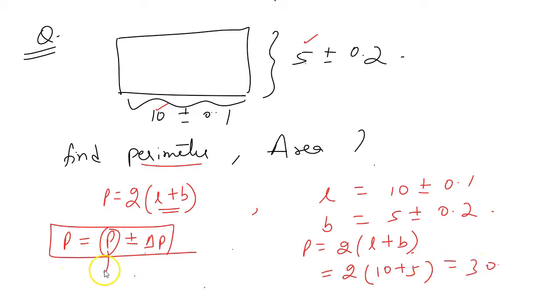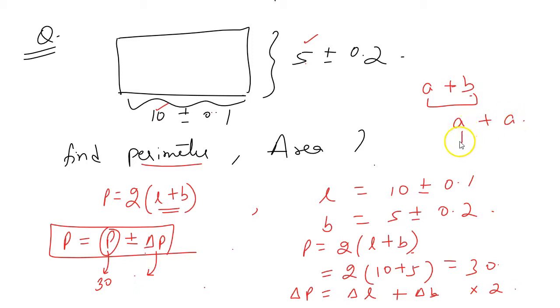Now let us find delta P, which is the error in the calculation of the perimeter. Delta P will be delta L plus delta B, and I should also multiply this by 2. If I add A to B, I add the errors in A and B. If I add A to A only, then I should also add the error in A and the error in A again. So we should not forget this factor while finding the errors.